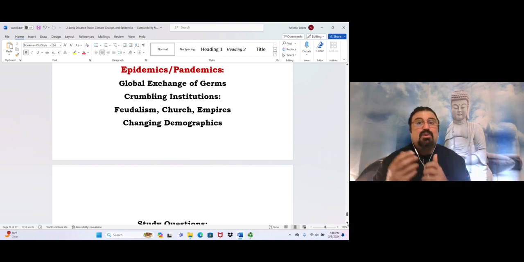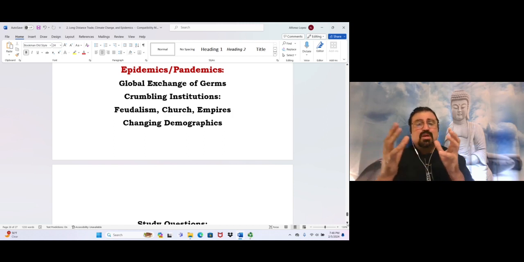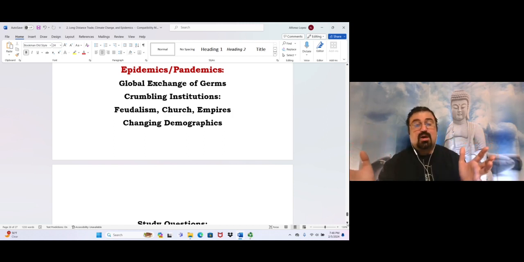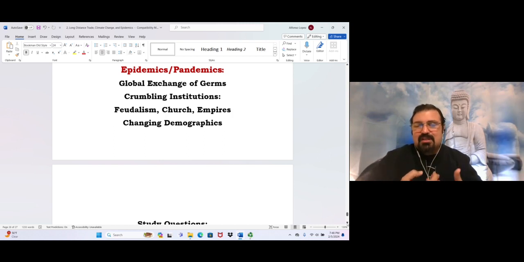Feudalism is crumbling, giving rise to capitalism. The church is crumbling, giving rise to things like modern science, for example. And empires like the Mongols and the Aztecs and the Inca empires are also crumbling, giving rise, of course, to new societies that are going to be based on mercantilism and capitalism, as we'll see much later in this course.